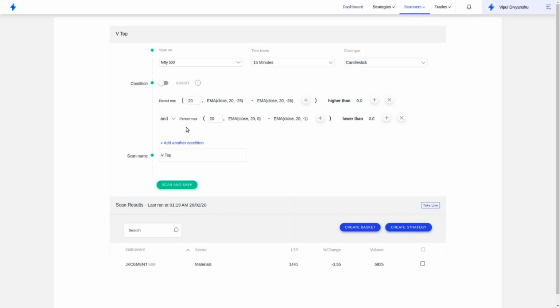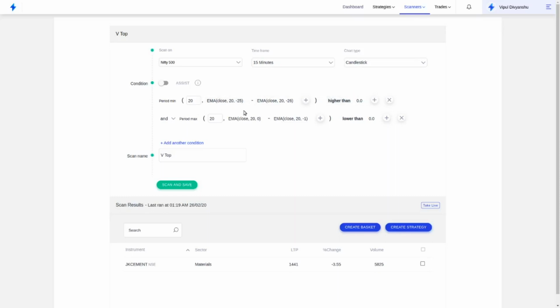Okay, so it is basically going back 25 candles and then looking, was the difference between the current candle and previous candle's EMA higher than 0.